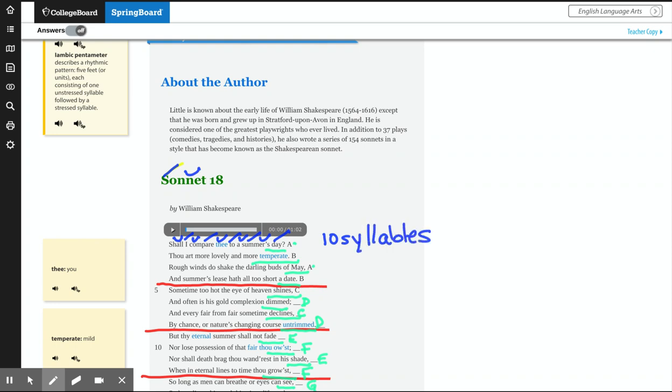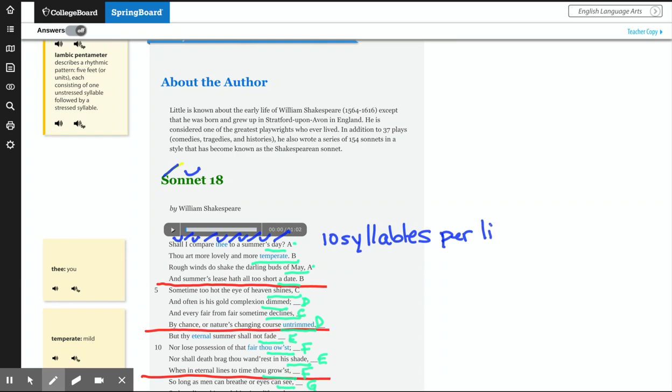And I'm going to do that. Usually I use my fingers just like I'm adding with math. Thou art more lovely and more temperate. That's 10. Rough winds do shake the darling buds of May. Yep, another 10. And summer's lease hath all too short a date. So 10 syllables in every line.